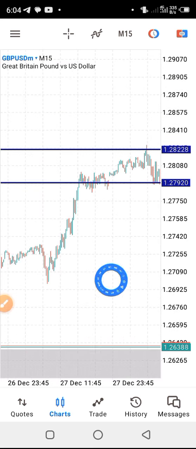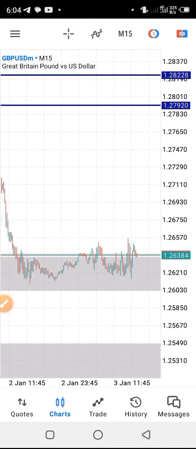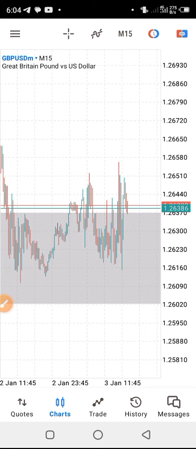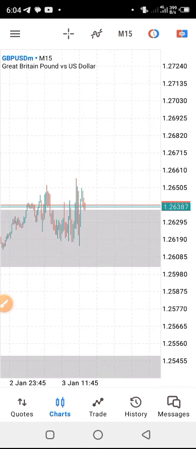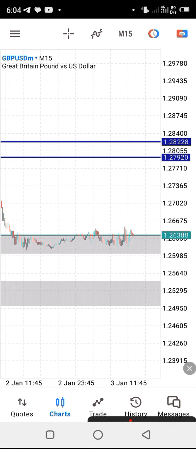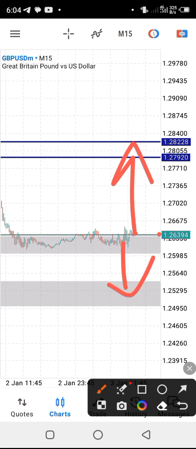Let's see if it's going to pay the third time. It entered the zone the third time. We are still in the third time, and that's where price is now. We are trying to see if it's actually going to push from here, or if it's going to come down to the first demand zone and push from there.